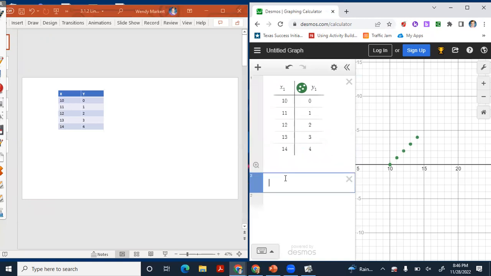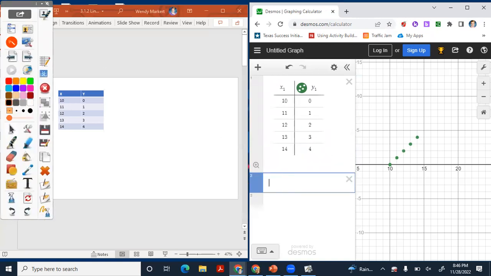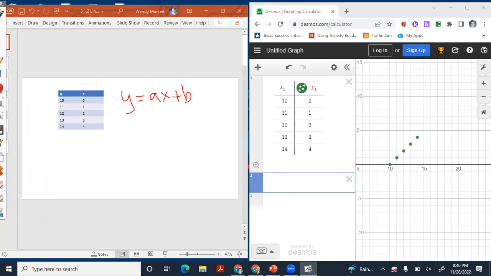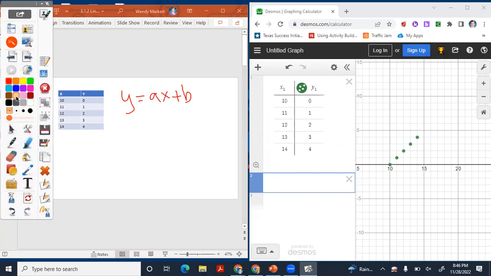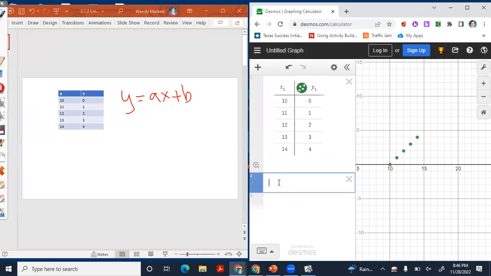So I'm going to click in the second line, and we're going to use the equation y equals ax plus b. So instead of y, because our table has a subscript, I'm going to type y1, and Desmos automatically makes the 1 a subscript.